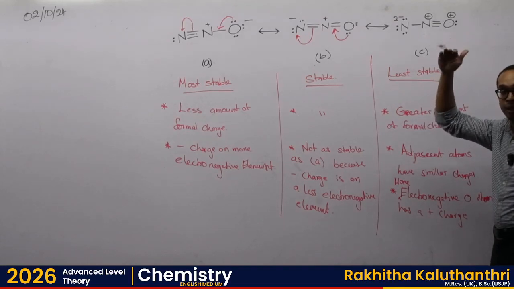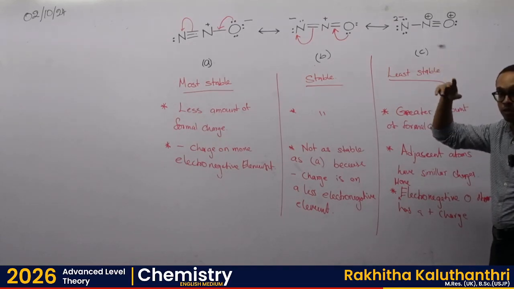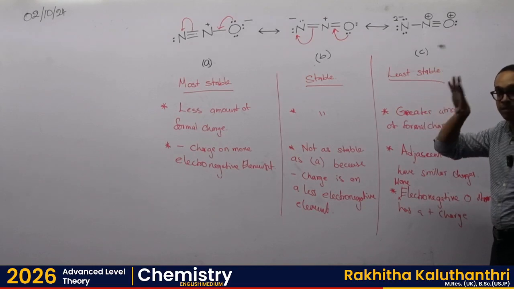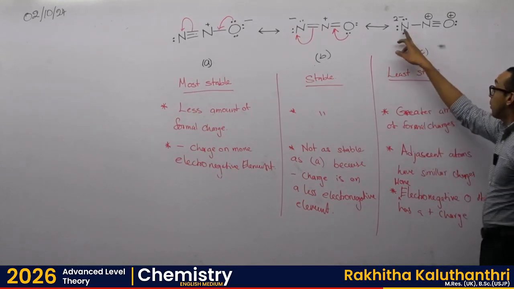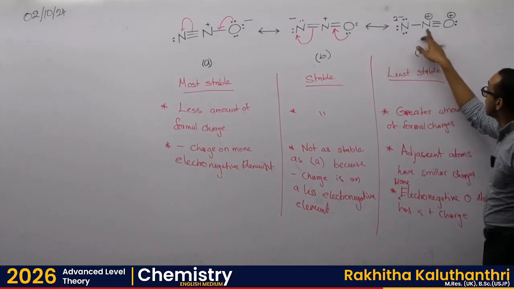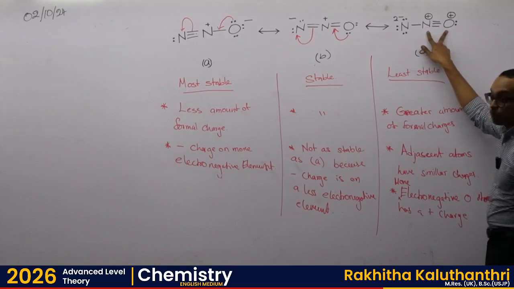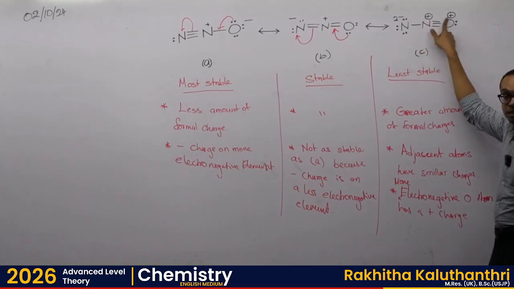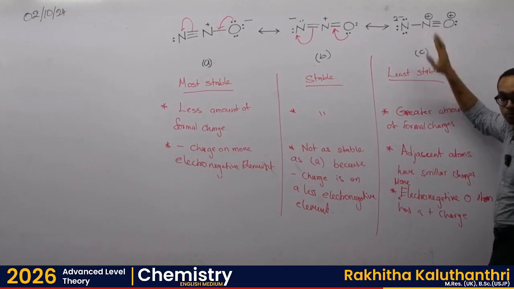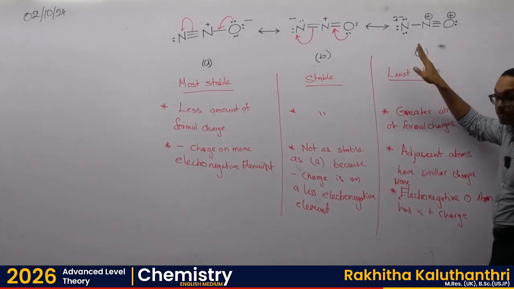Like -2, -3, those kinds of large charges on a single atom are also a sign that it is not a very stable resonance structure. Apart from that, in this case, adjacent atoms that are close by can't have similar charges, right? Positive, positive, not good at all.